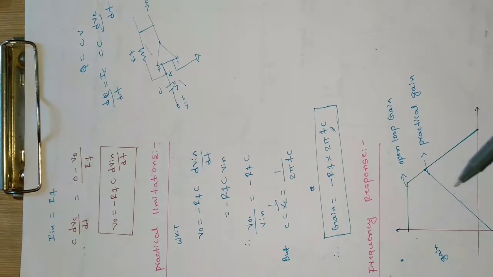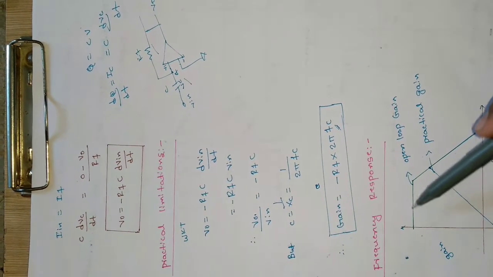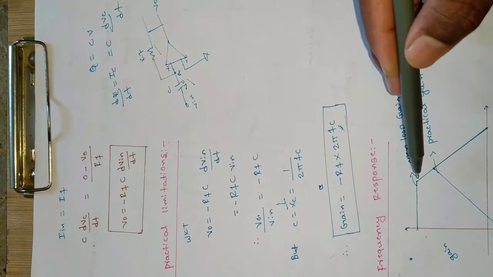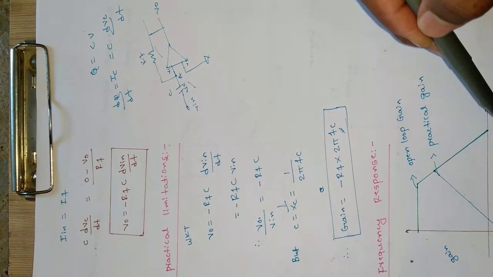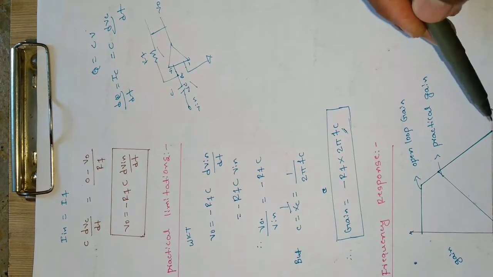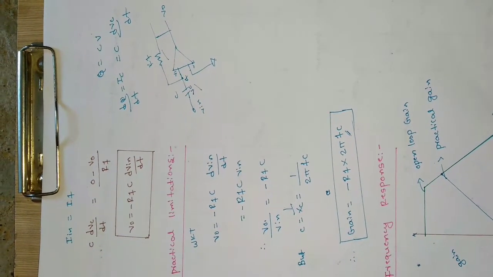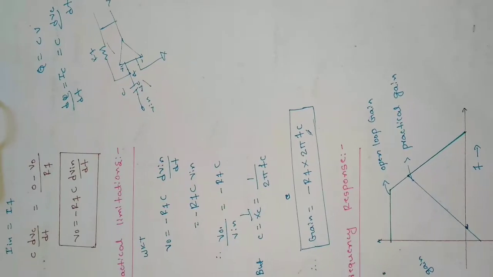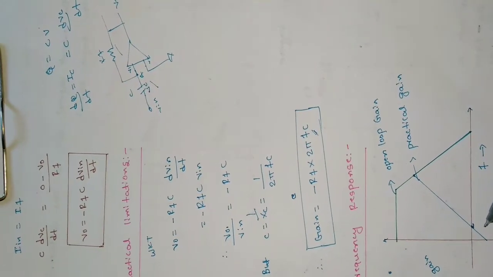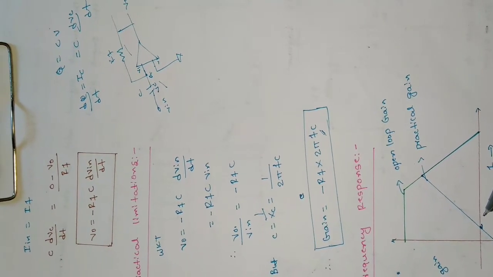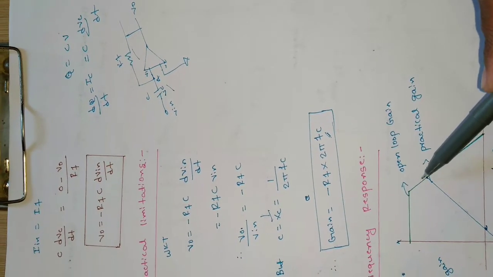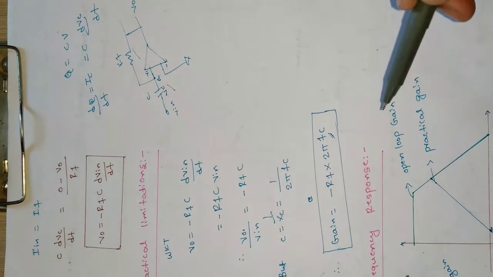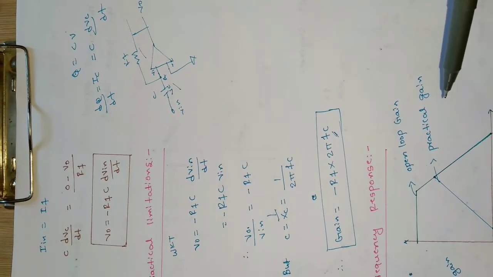Here is the frequency response. This is the open loop gain of a differentiator. It will be constant up to some point, and as the frequency increases higher and higher, the gain decreases. At 0 dB, that is at 0 frequency, the gain is less. As the frequency increases, the gain of the op amp is going to increase, but only up to this point, the intersection point of the open loop gain and the practical gain.